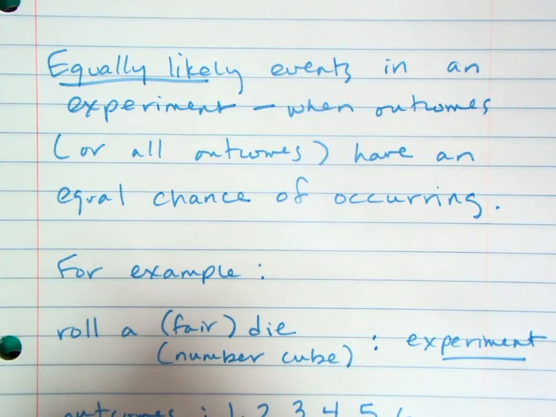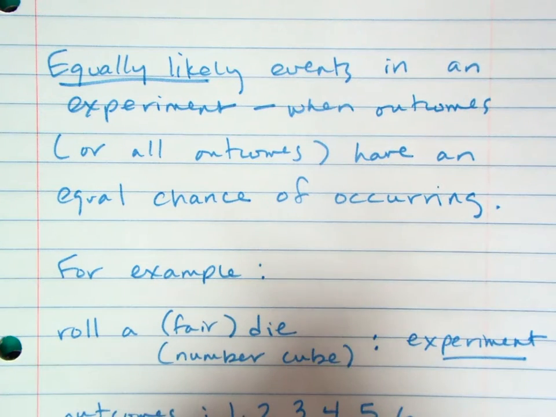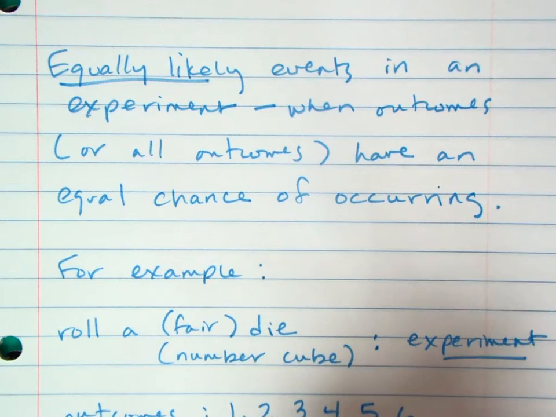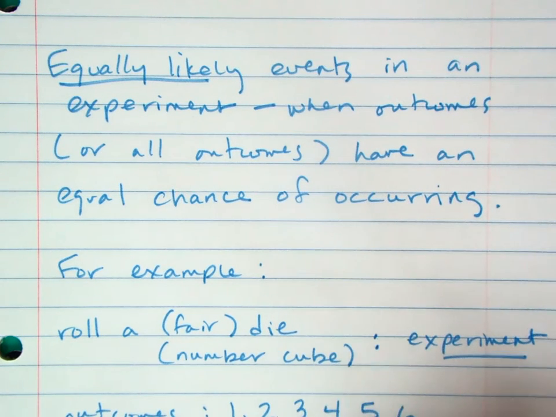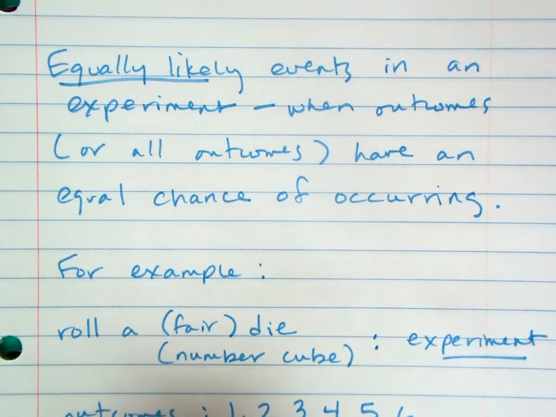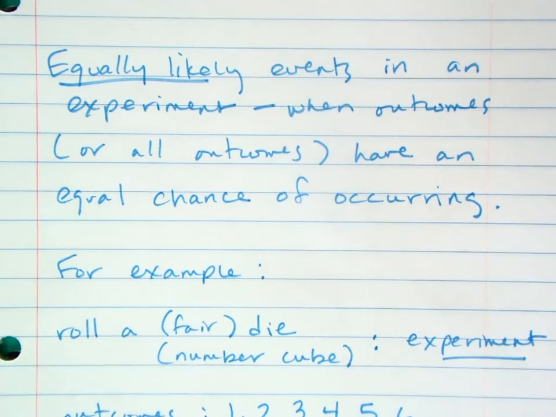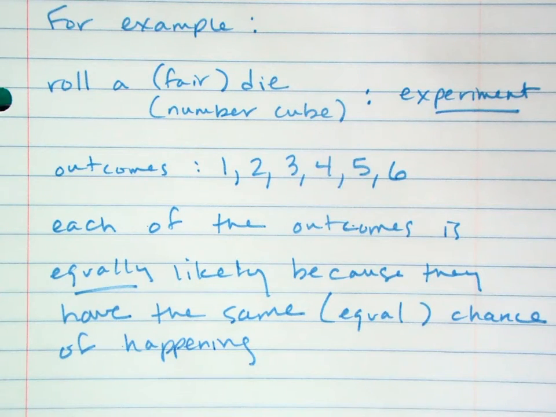And each one of these outcomes is equally likely, because they each have the same, or an equal, chance of happening.